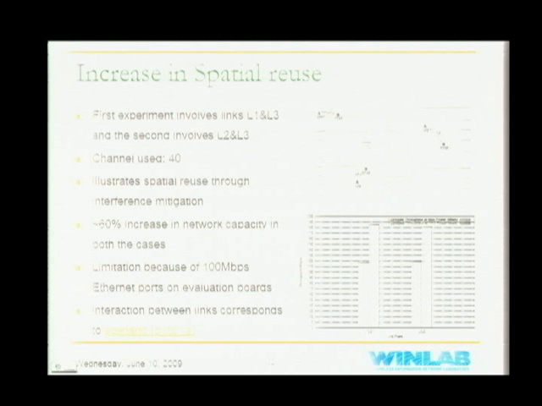Here we cannot see the actual gain that we have achieved because of the 100 Mbps bottleneck, as I mentioned earlier. So here it caps at 185 Mbps because of the limitation placed by the 100 Mbps Ethernet ports.